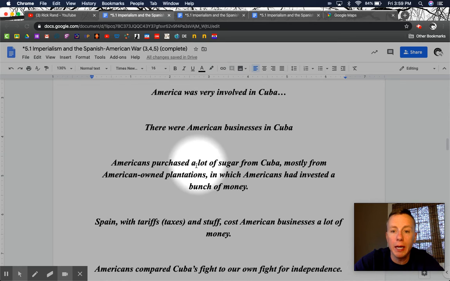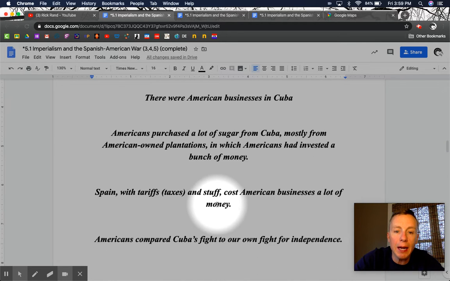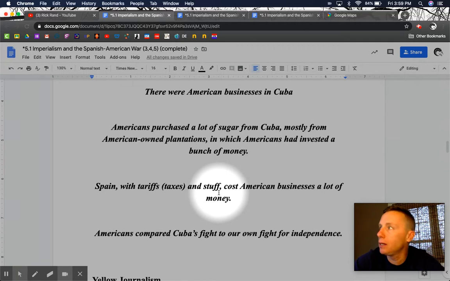So it was important that those businesses and plantations continued to do well. And Spain threatened that. Basically, what it came down to is Spain was about to cost Americans and American businesses a lot of money by controlling the economics of Cuba more closely. So a lot of it was about money. Hey, we support Cuba. We're going to be more profitable.